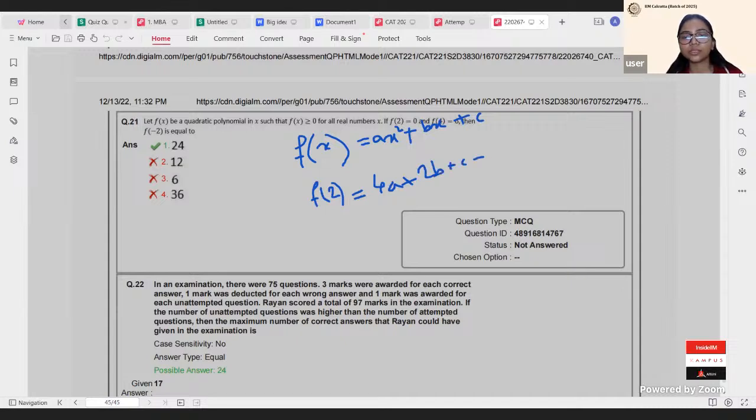And f of 4 is 6. So putting the value of f of 4, it will be 16a plus 4b plus c. That is equal to 6. So now essentially we have two equations.